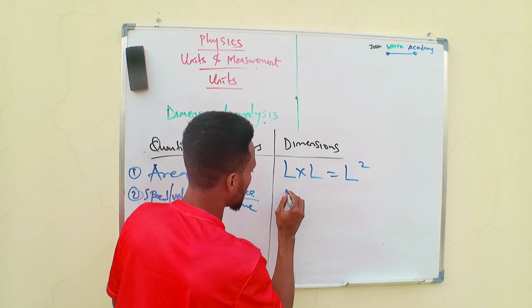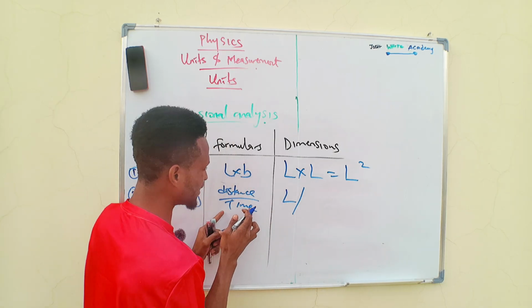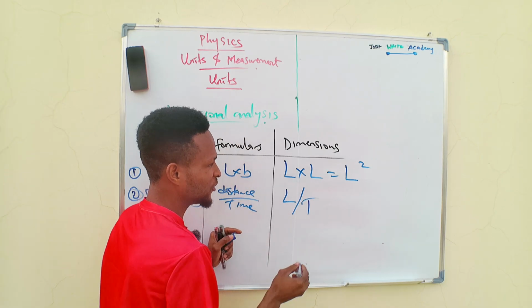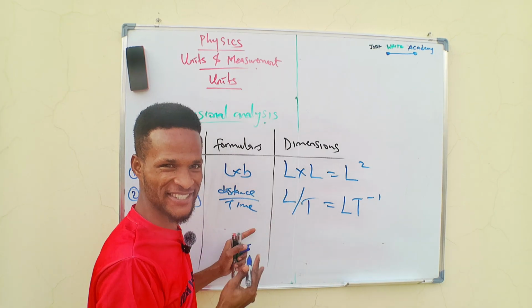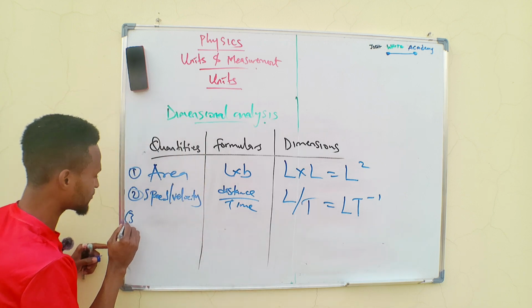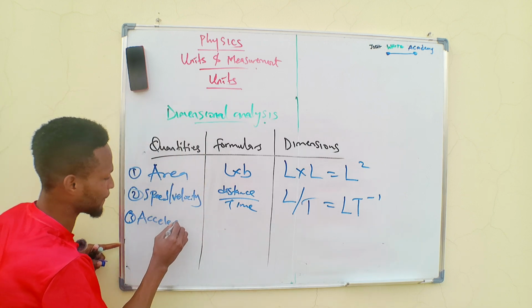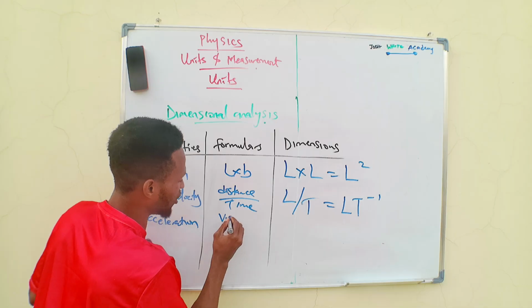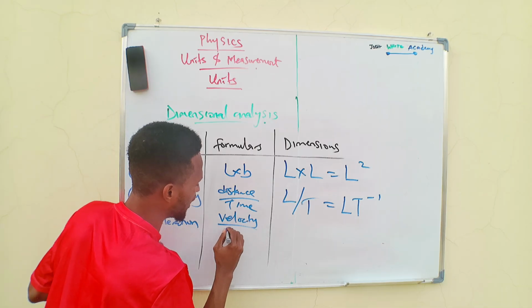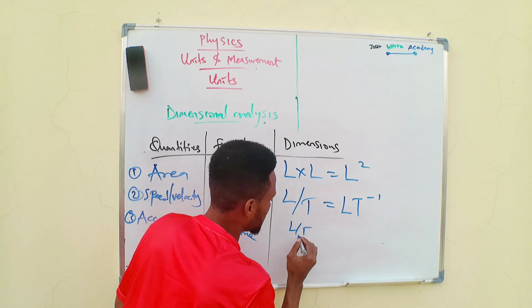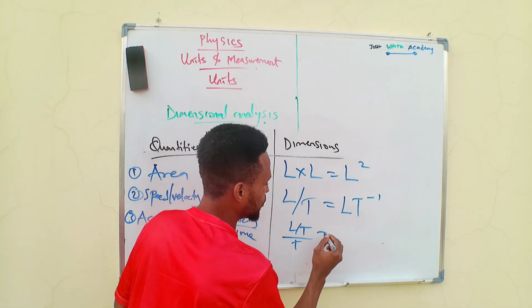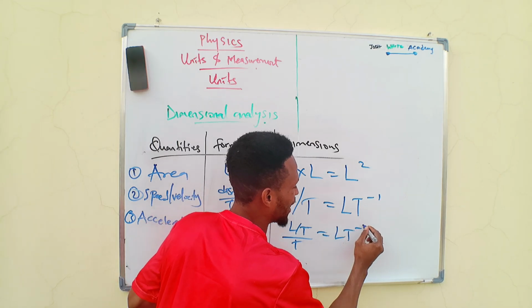Distance is L, divided by time, which is T. So it is LT minus 1. You see it? We have acceleration, which is velocity over time. That's L over T divided by T. As we've said, it will give you LT minus 2.